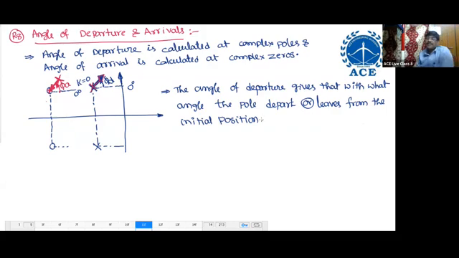So the angle of departure gives with what angle the pole leaves from the initial position.